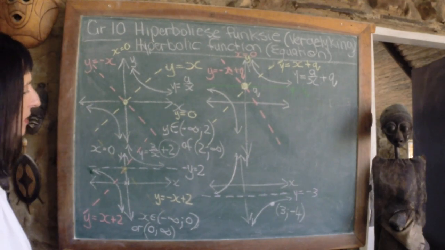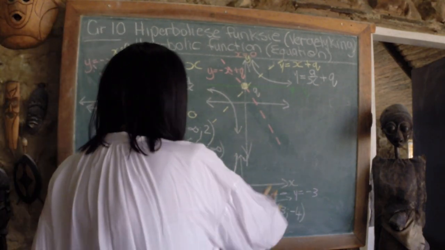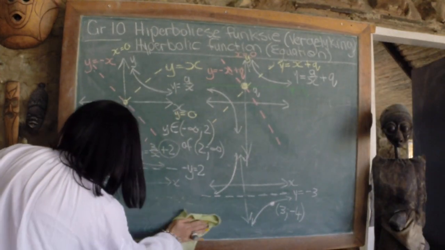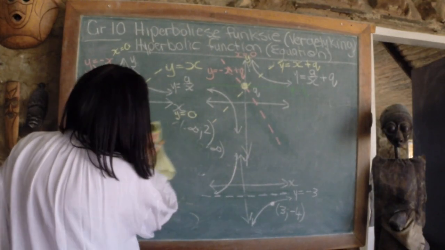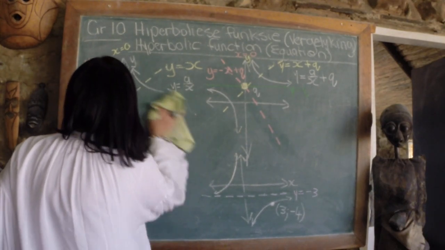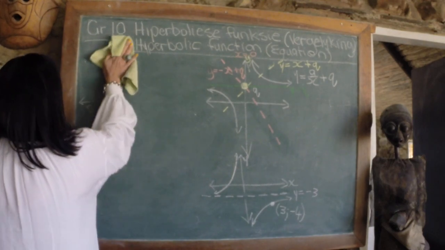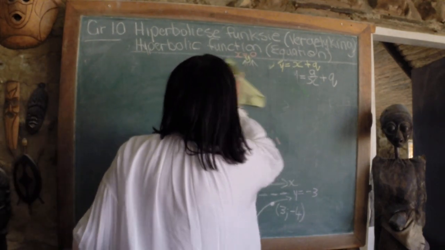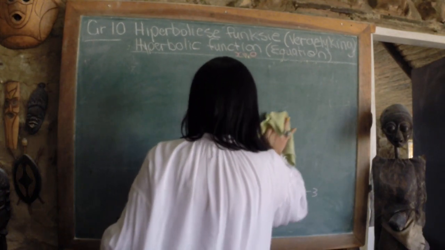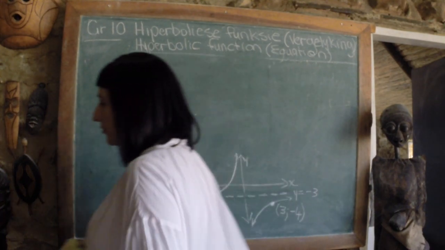Goed, kom ons kyk dan nou na hierdie hiperbool. En juffrou gaan 'n bietjie spasie maak, dat ons kan werk. Okay, let's look at the picture, and the question now over here is, let's go through the whole question.